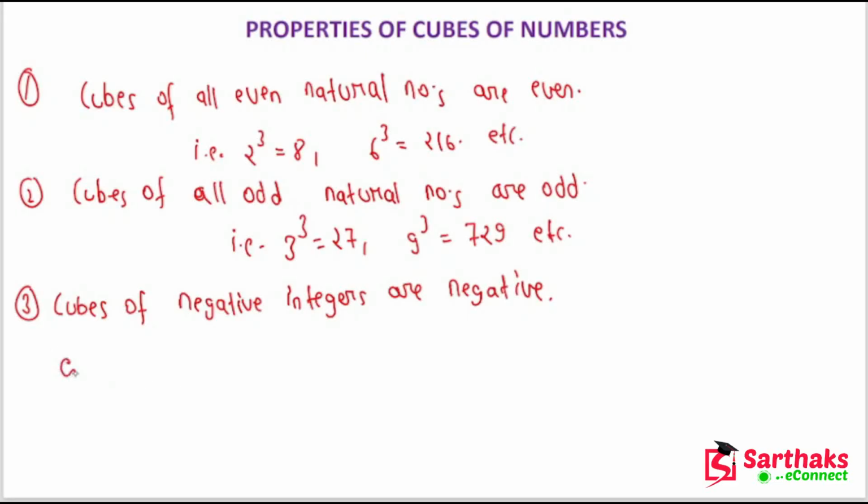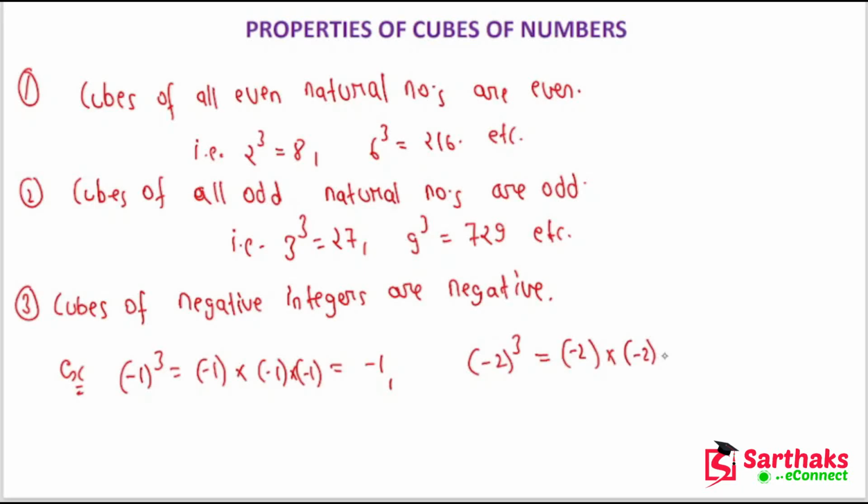If you want to see examples, minus 1 cube is minus 1 into minus 1 into minus 1. So the first two would be plus 1, into minus 1 would still be minus 1. Similarly, minus 2 cube would be minus 2 into minus 2 into minus 2, that is equal to minus 8, right?